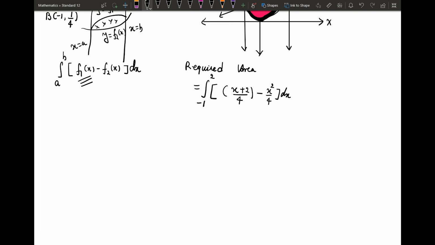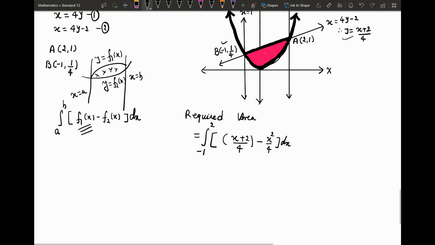dx. Now this is an ordinary definite integral. You can easily evaluate. Again check, the limit is -1 to 2. Here x equals -1, here x equals 2.